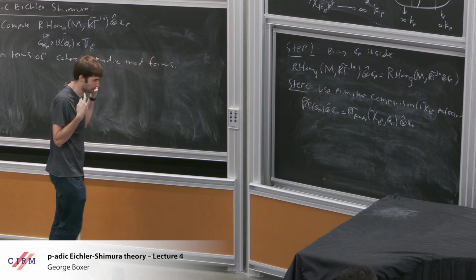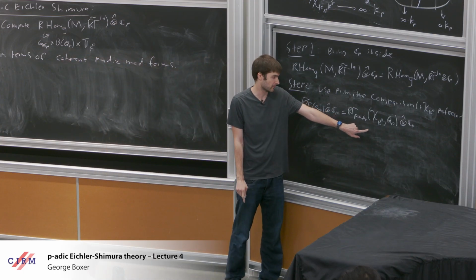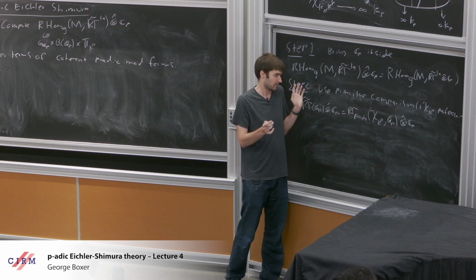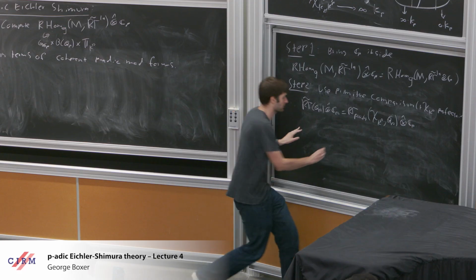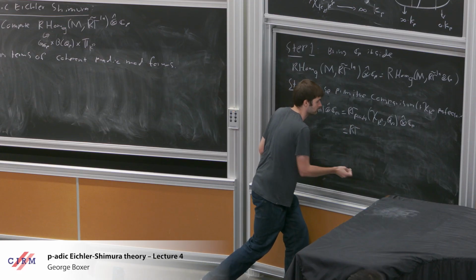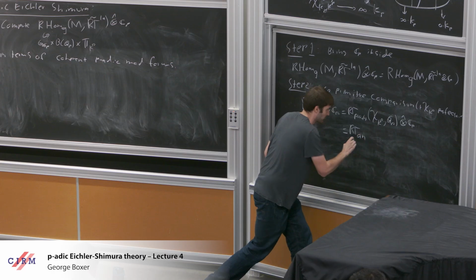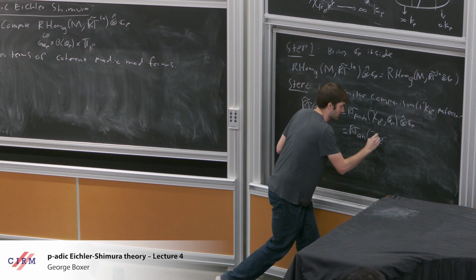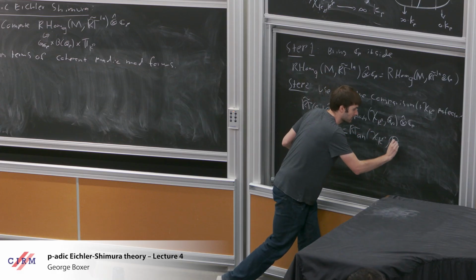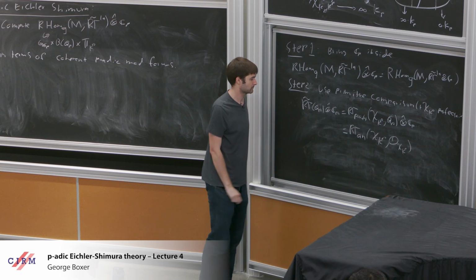And now the primitive comparison tells us that we can write this pro-étale cohomology as just sort of coherent cohomology of the structure sheaf, the completed structure sheaf. So I'll write just once RΓ_n. I really just mean the cohomology for the underlying topological space of this completed structure sheaf. Okay?